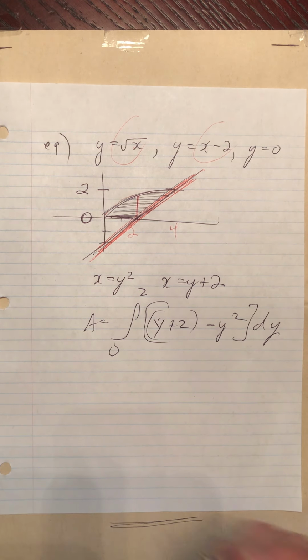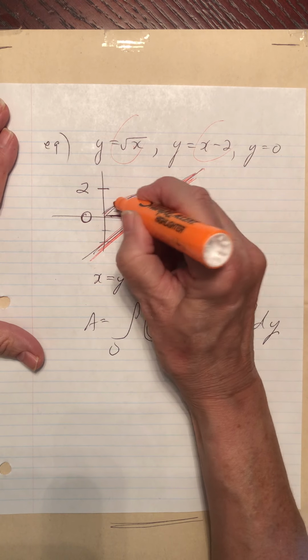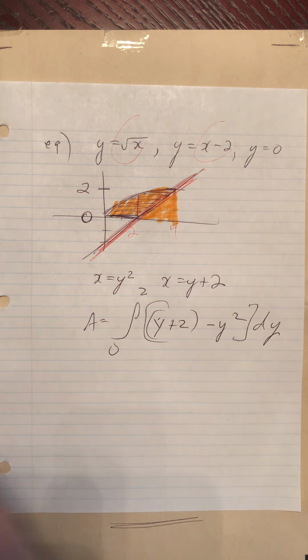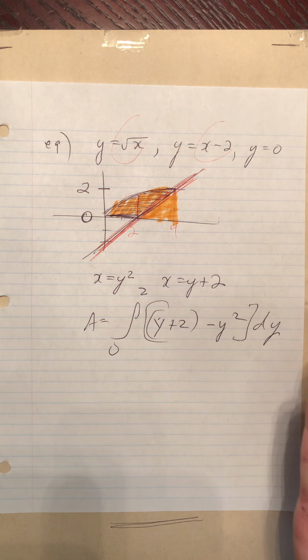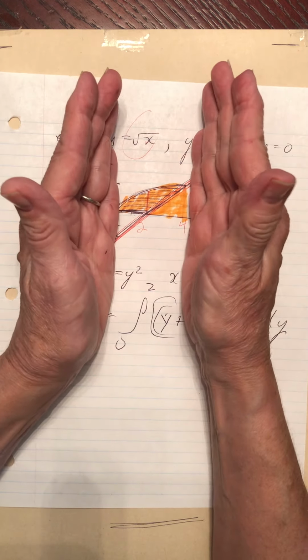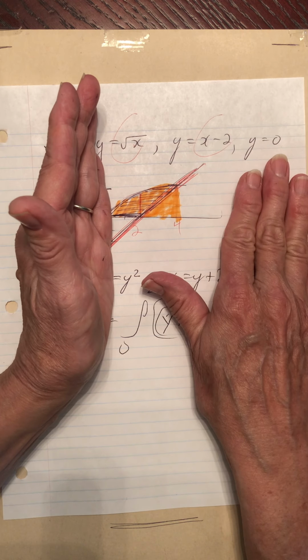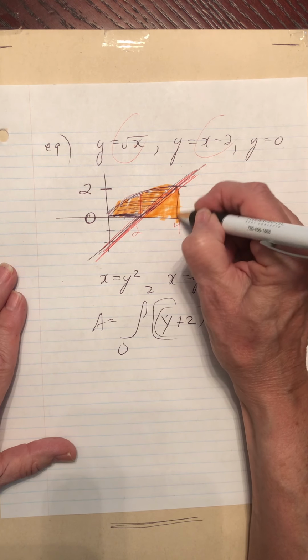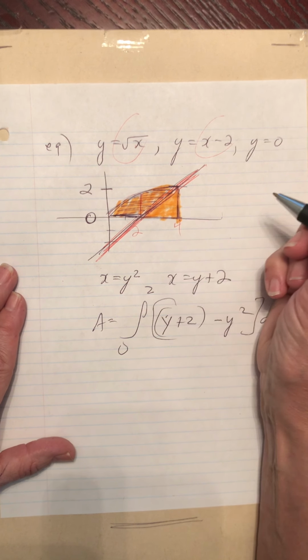Other options though, you might have sat here and said, okay, since I've got all these different ways of figuring stuff out, how about if I just figure this or think about this entire area right now? How easy would that be? It's a radical graph that went from 0 to 4. That would cover all of this orange area. But what do I want to take away? I want to take away a triangle, right?